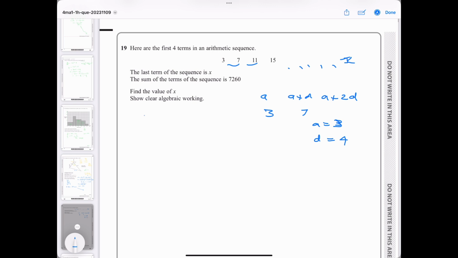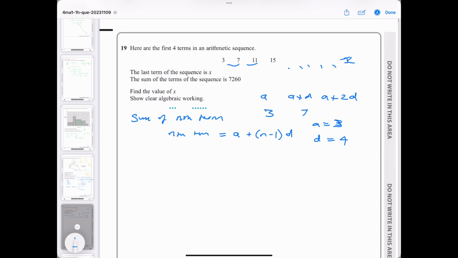Now, let's use the sum formula. The nth term equals a plus n minus 1 d, except no, that's just the nth term.